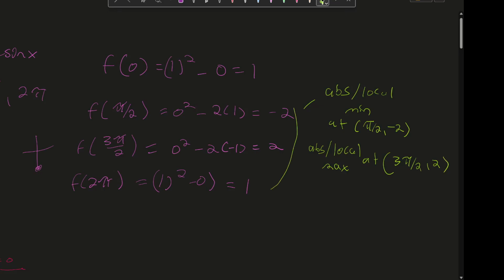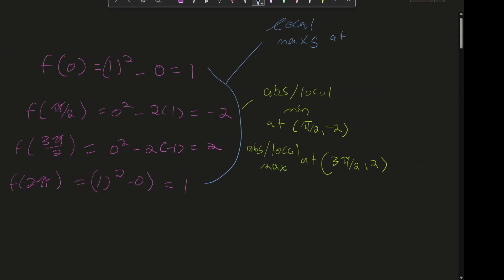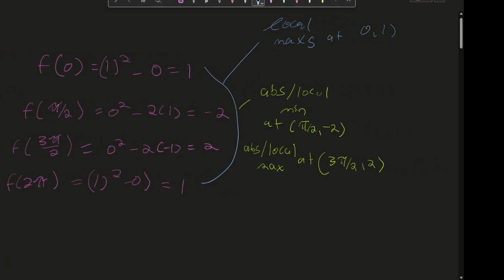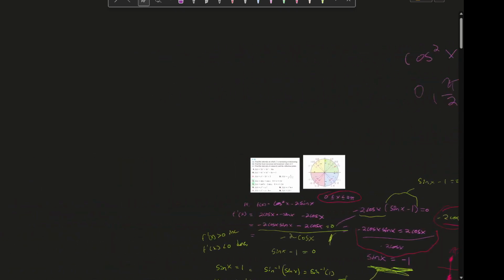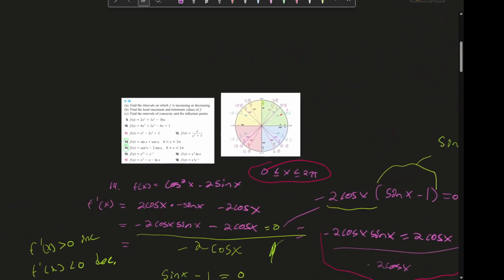And then maybe I should use a different color for that real quick. And then you'll say local maxes at 0, 1 and 2 pi, 1. Okay. Part C, we're almost done, I promise.